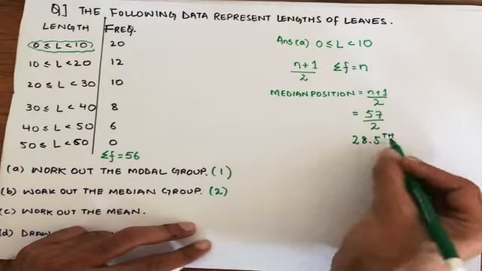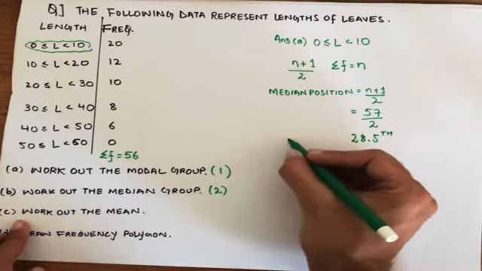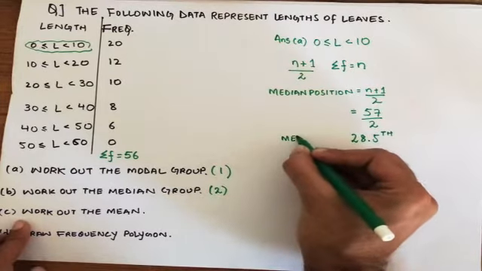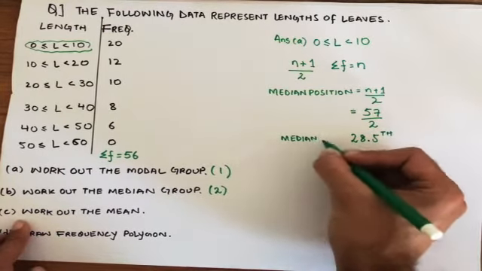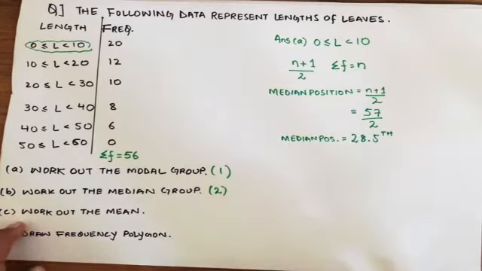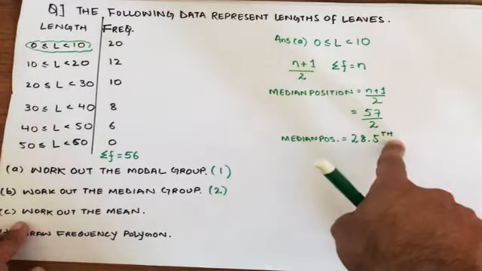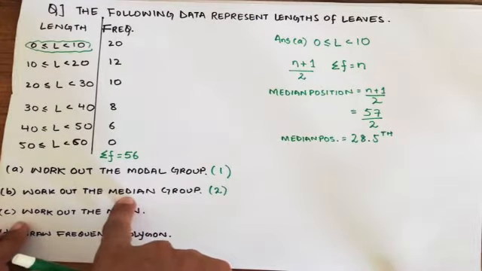Now I've written th over this because this here is the position. It is not the median. Note, it is your median position, that is 28.5. So you need to go to the 28.5th position and find out what the median is.